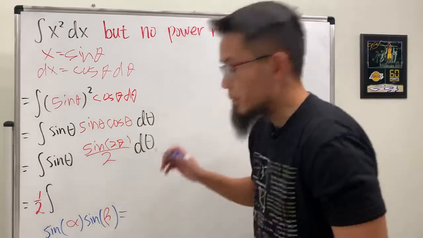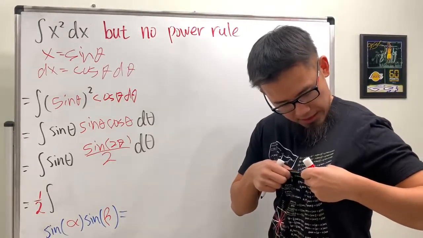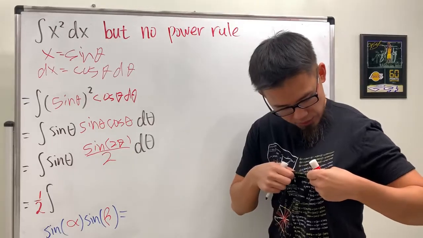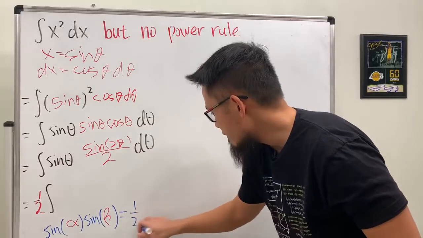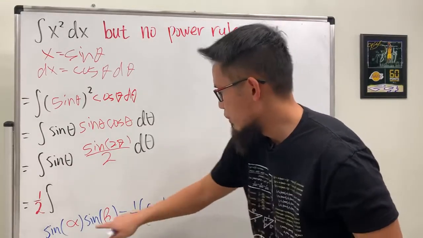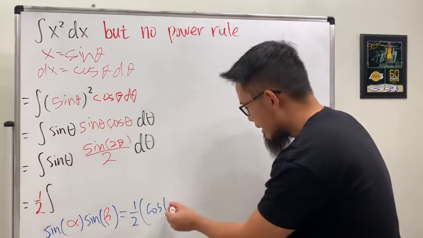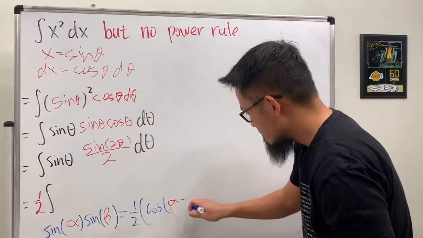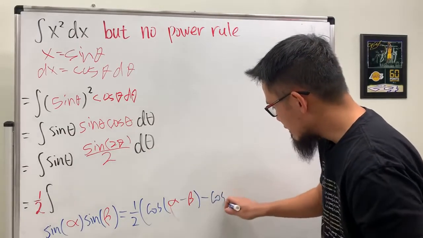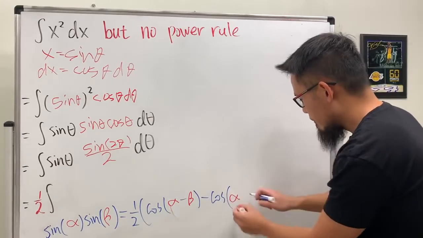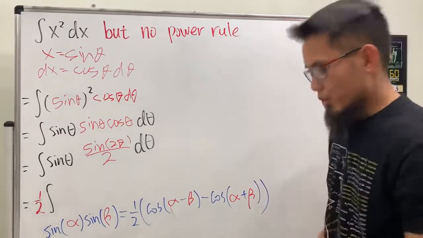This right here will be equal to 1/2 and cosine, and then the first one you subtract, and then the second one you add. So you will do alpha minus beta here, and then minus cosine of alpha plus beta, right? Cool.